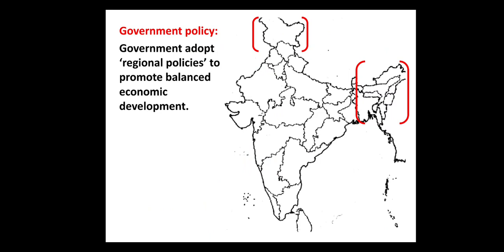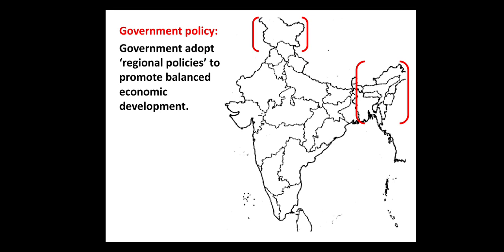If you talk about India in general, pre-1991 and post-1991, India adopted a new economic policy in 1991. Before 1991, in India we had fewer foreign industries, but after 1991 we have more foreign industries.